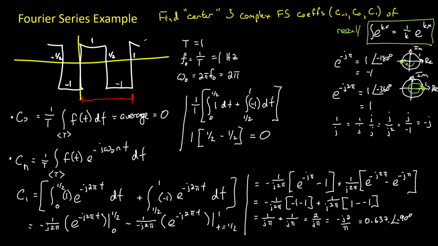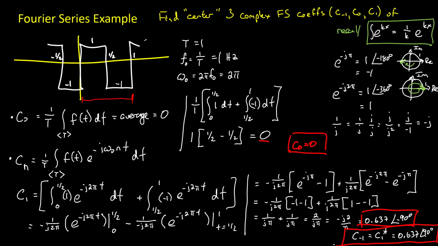And since this is our c sub positive 1 component, our c sub negative 1 has got to be equal to c sub 1 complex conjugate by Squire's shortcut. And that's just 0.637 at an angle of positive 90 degrees. And so those are our answers. C sub 0 is 0 from here. C sub 1 is this. And C sub negative 1 is that.